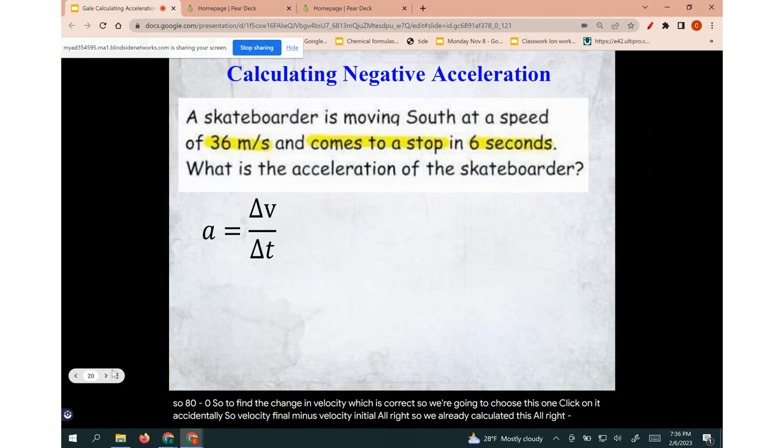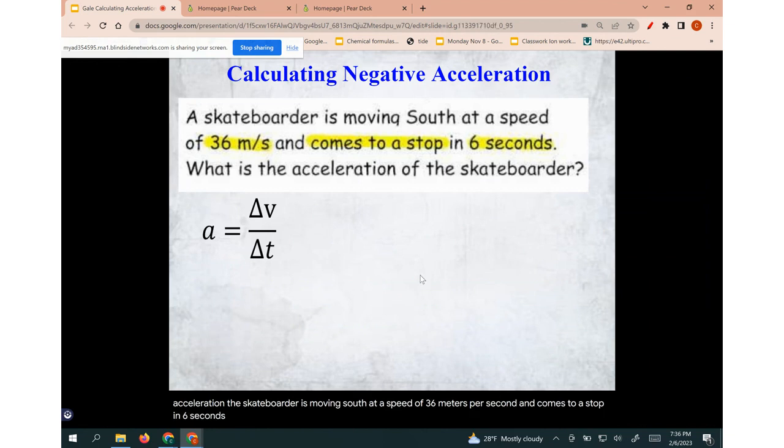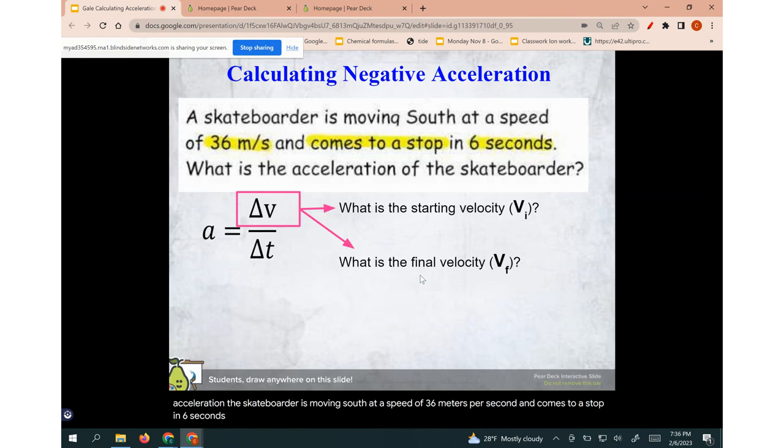All right, negative acceleration. The skateboarder is moving south at a speed of 36 meters per second and comes to a stop in 6 seconds. What is the starting velocity? And what's my final velocity?